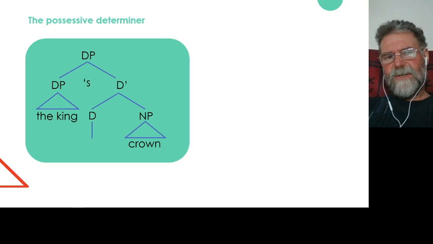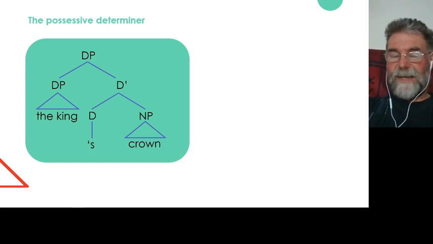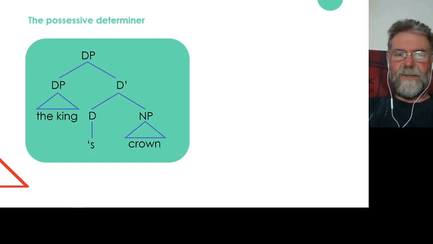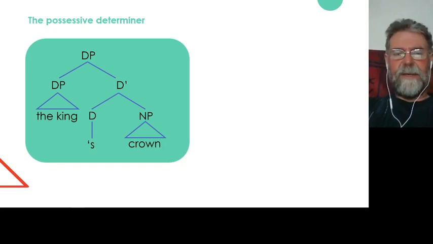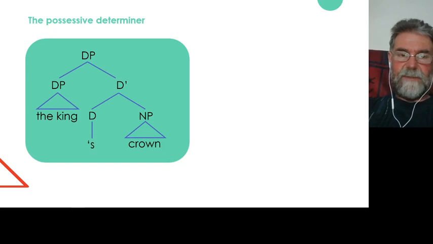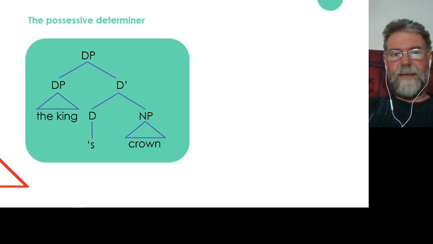Well, that would seem to suggest that this 's is moving from the head position and attaching itself to its own specifier, just like the head of the inflection phrase can, under the condition of contraction, be attached to its own specifier, i.e. the subject. Then the 's seems to do exactly the same sort of thing and attaches itself to its own specifier, which of course is the possessor.